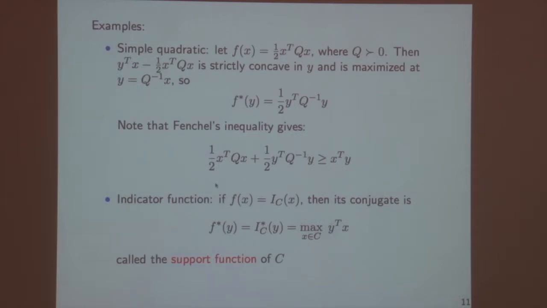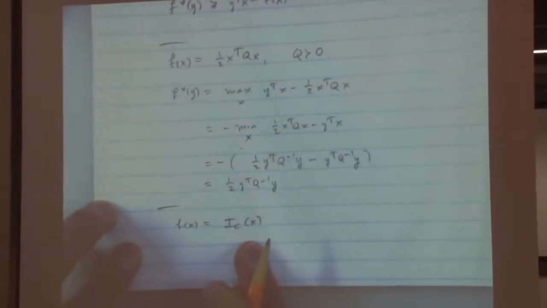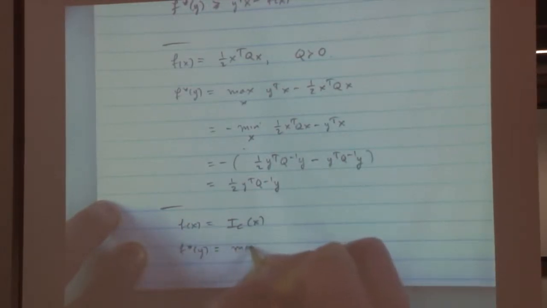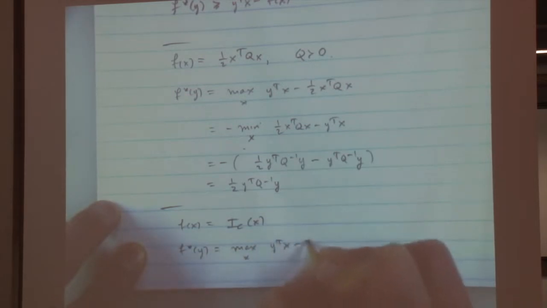How about another one? Let's try the indicator function. There's not much to do here, right? Because for indicator functions, if I have f of x being the indicator of being in some, say, set C, then its conjugate is just equal to the maximum over all x of y transpose x minus the indicator function.